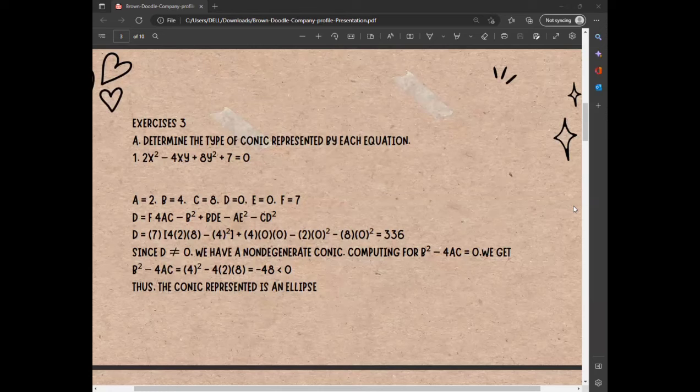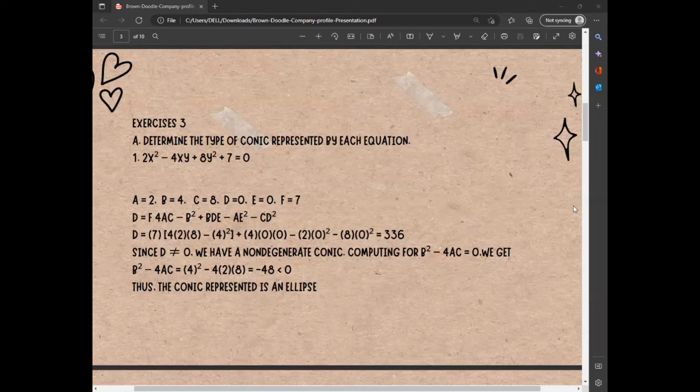So, this is the substitution. D is equal to 7 times 4 times 2 times 8 minus 4 squared plus 4 times 0 times 0 minus 2 times 0 squared minus 8 times 0 squared, which is equal to 336. Since D is not equal to 0, we have a non-degenerate conic.